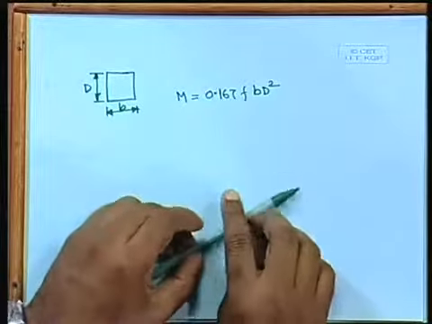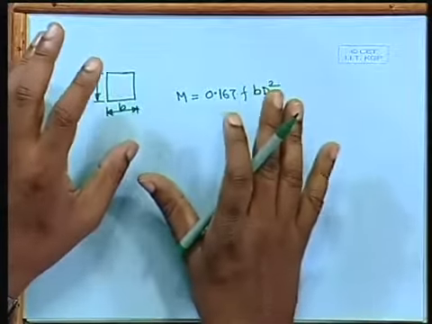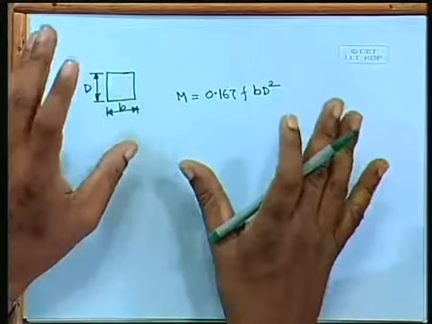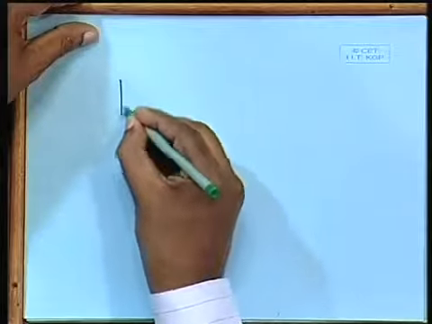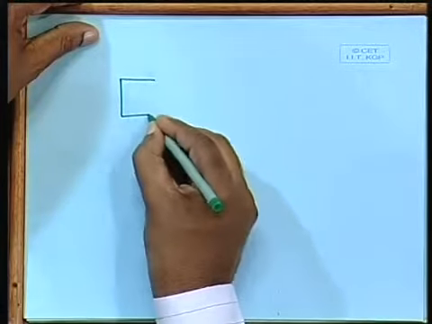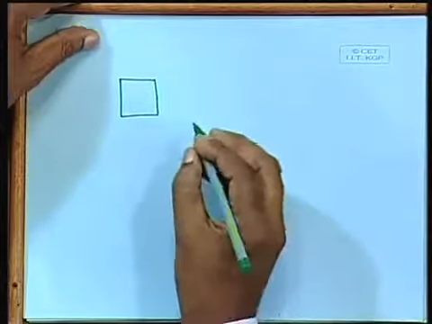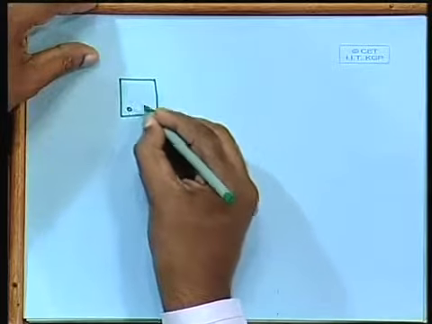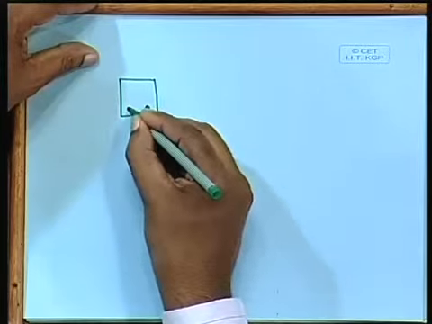So, now what we shall do here, this one is very simple, we are considering for a homogeneous section, where top and bottom have the same permissible stresses. But for concrete we do not have that case. When we are considering concrete, we are assuming the tensile part at the bottom.